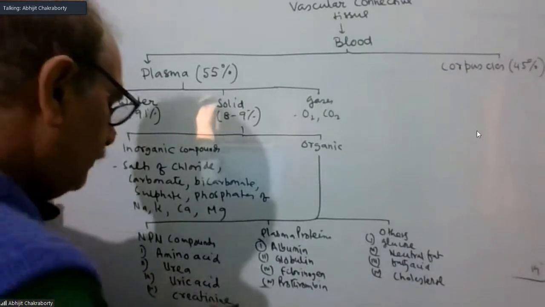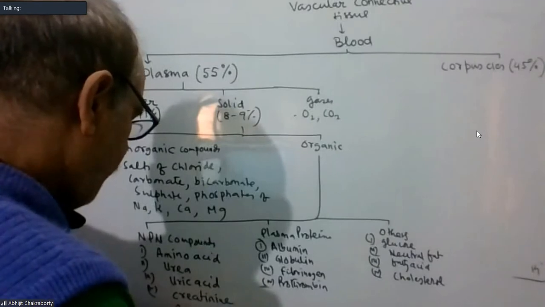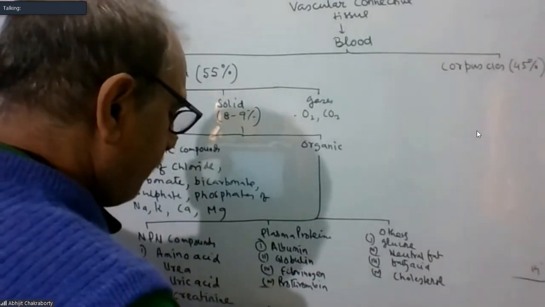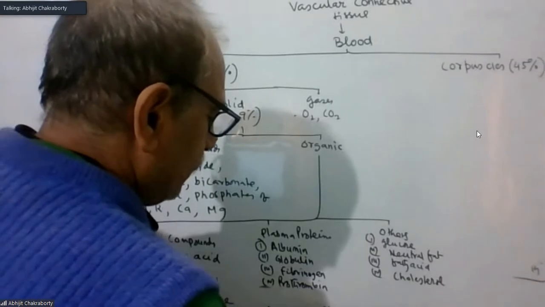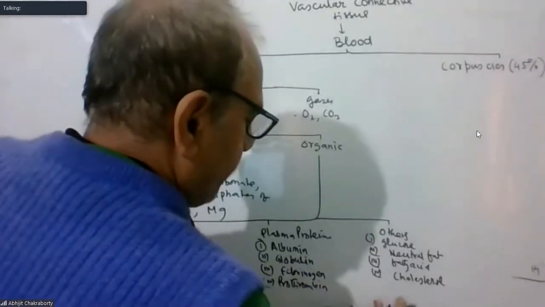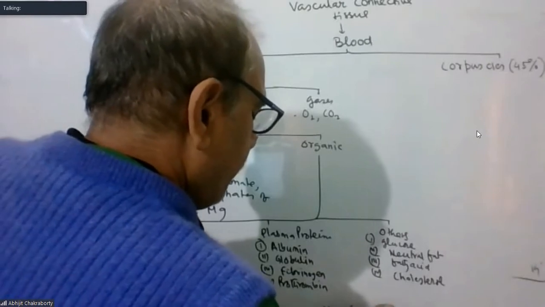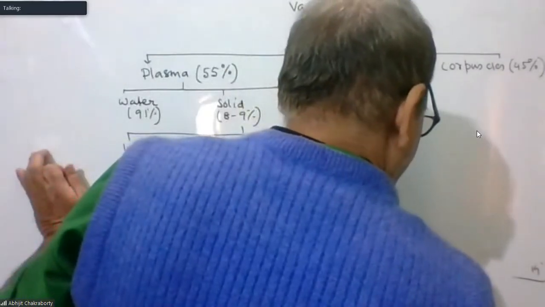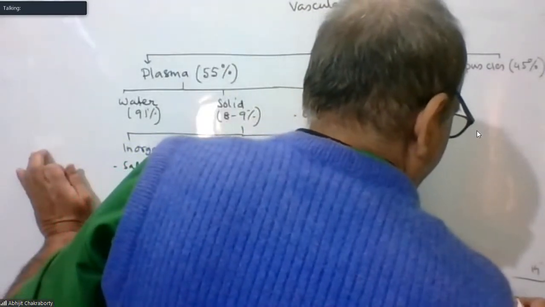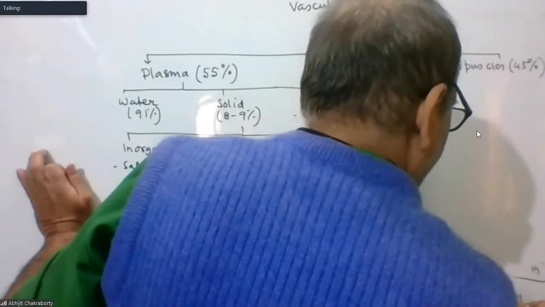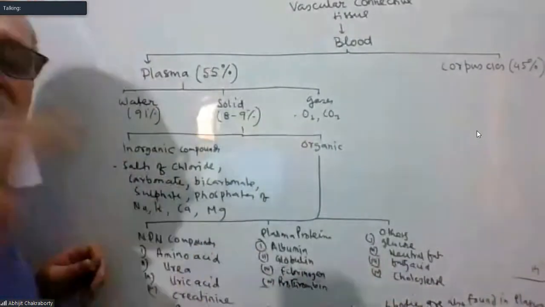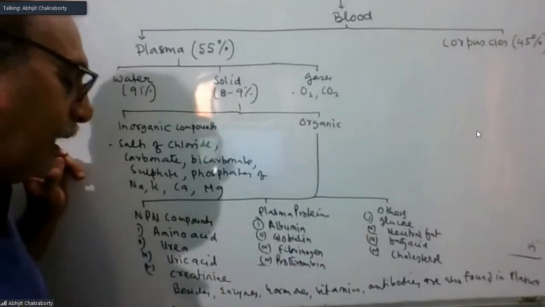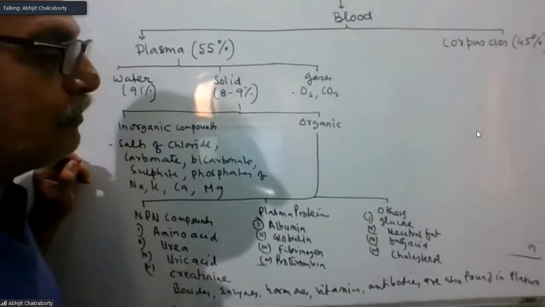Besides all these, enzymes, hormones, vitamins, antibodies are also found in plasma.